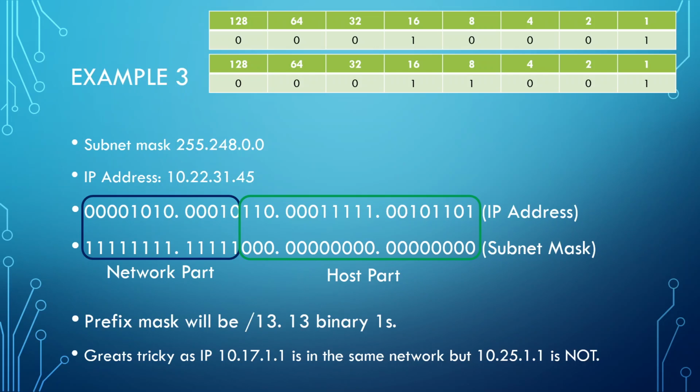As an example, 10.17. If we break 17 into its binary equivalent, we have 00010001. So as you can see, the first 5 binary bits are equal to 00010, which puts us in the same network as 10.22.31.45. However, an IP address such as 10.25.1.1 is not in the same network as us.